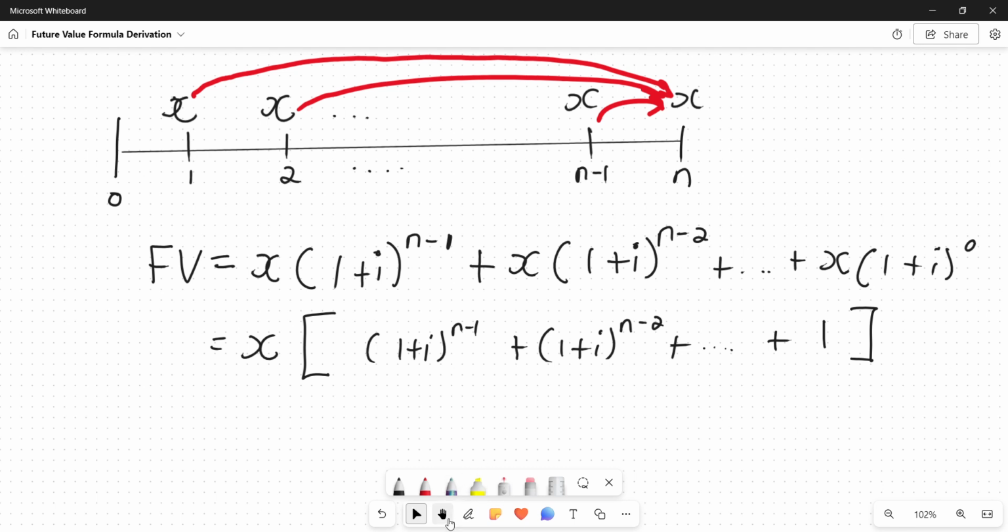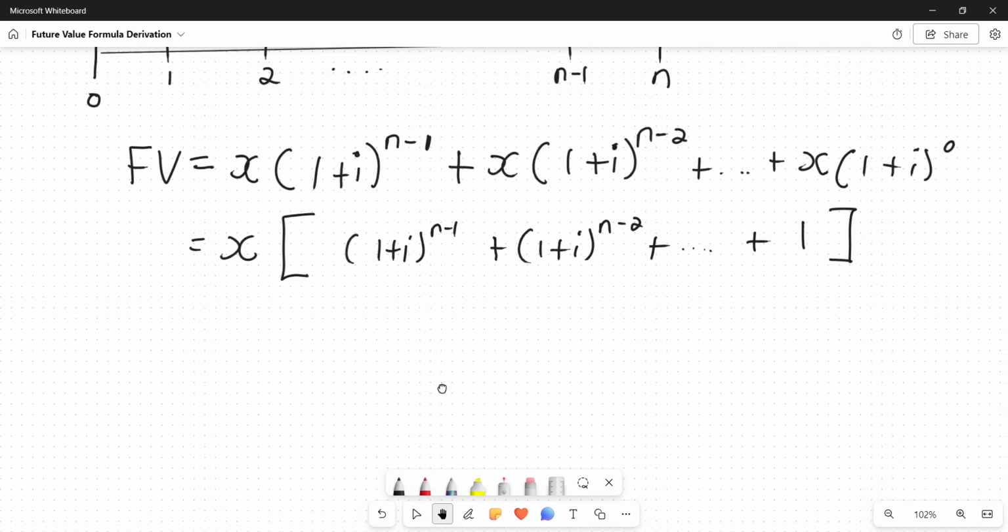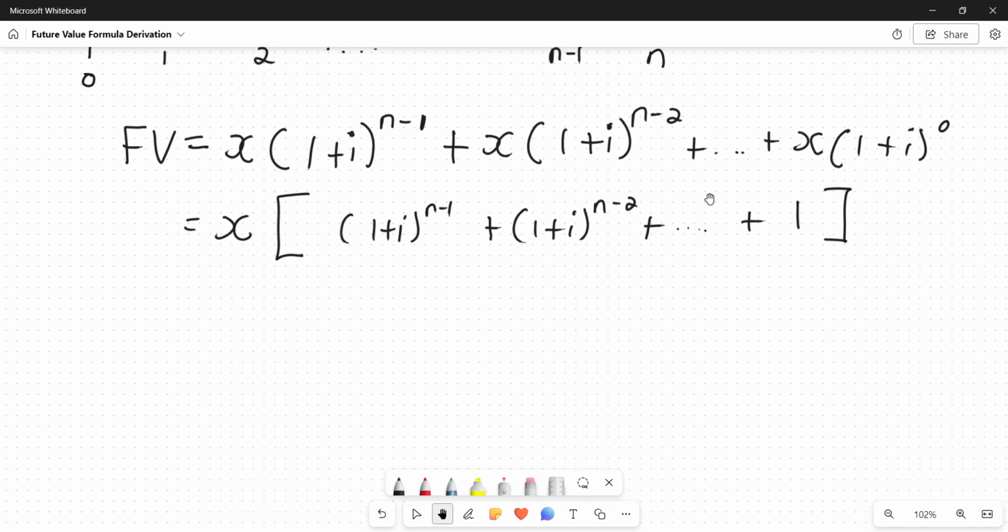Now we have a geometric series, but in order to calculate this, we factor out the common factor of 1 plus i to the power of n.